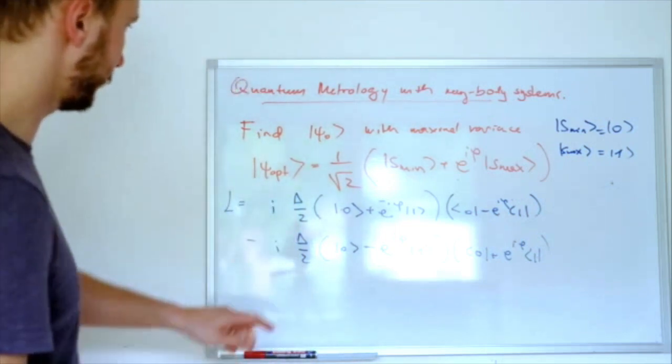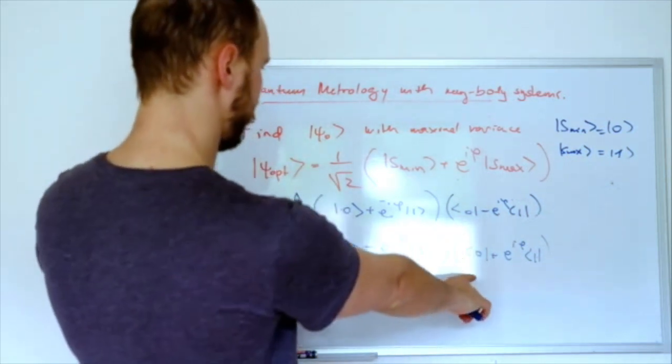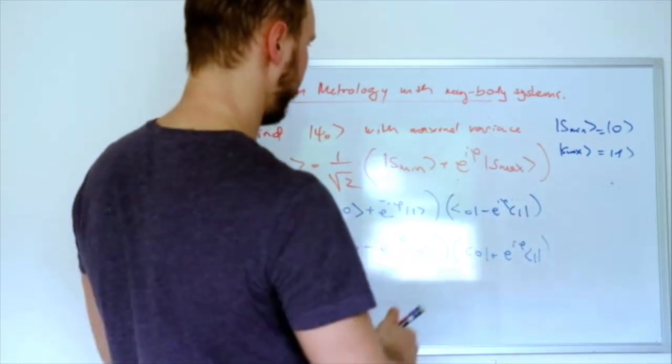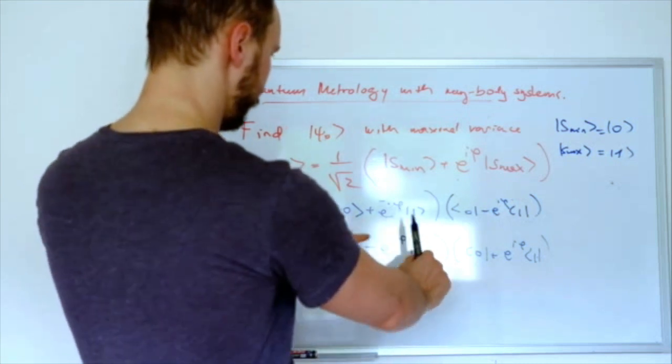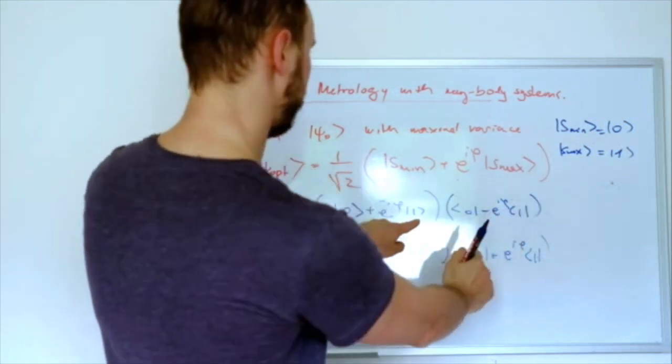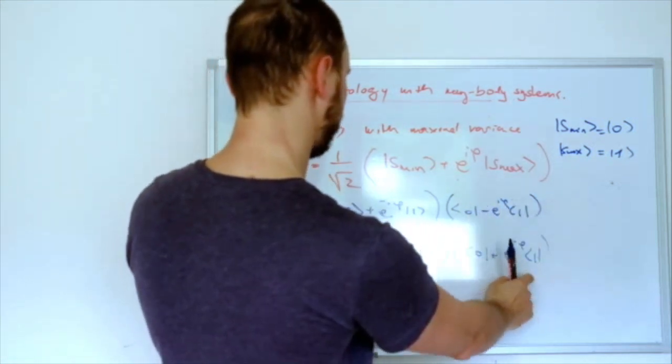Now if you open the brackets, you see that 0, 0 goes away with this 0, 0. 1, 1 also goes away because here it comes with a minus sign, here it comes with a minus sign as well.